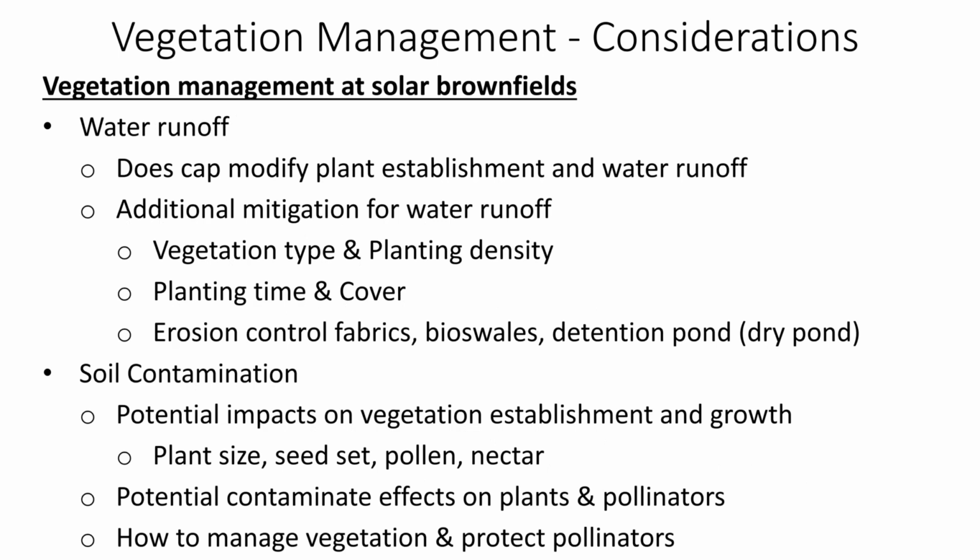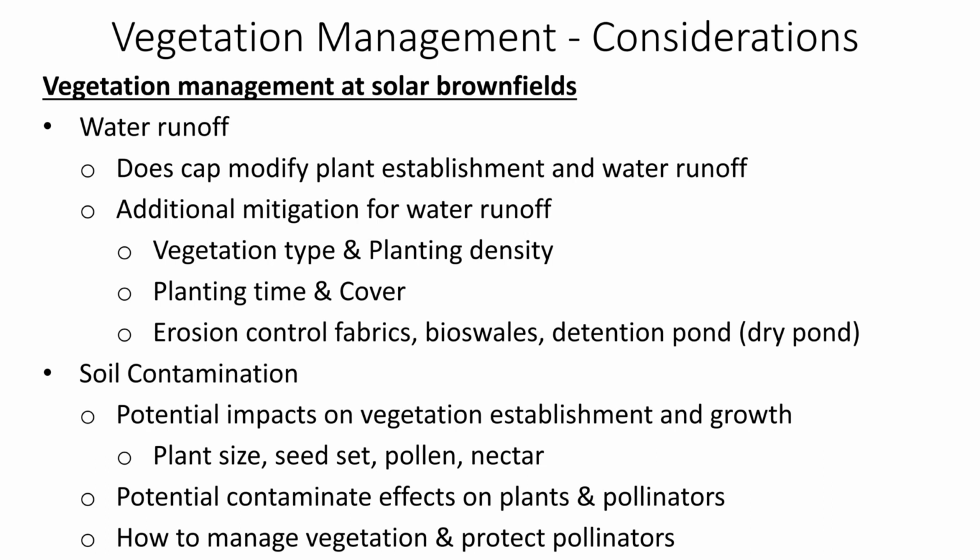Water runoff may also be more of an issue at brownfields. So brownfields oftentimes have degraded soils. The soils may be compacted. Again, if you have any sort of synthetic cap at this brownfield, this may modify your plant establishment and increase water runoff. So you may actually need to think about some mitigation strategies for water runoff and soil erosion.